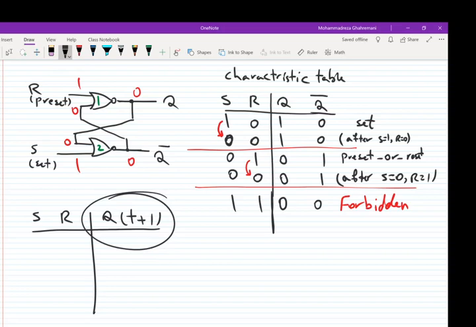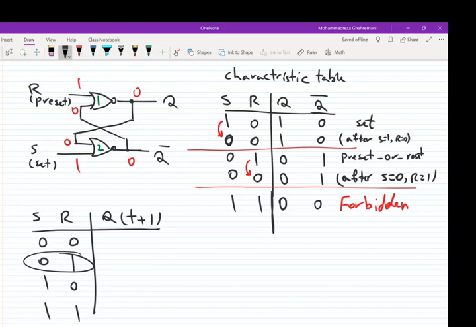Okay, so we have 0, 0, 0, 1, 1, 0, 1, 1. If you remember, if S is 0, R is 1, the output, the Q of t plus 1 is 0, and we show it with 0.